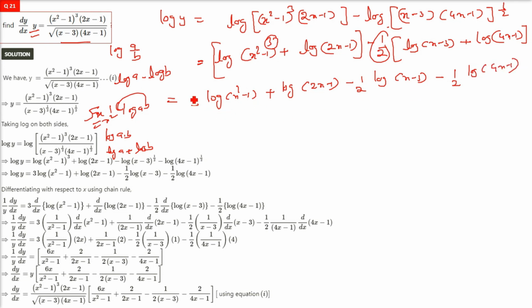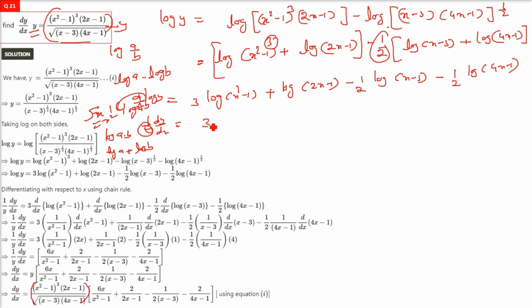Okay, this is just the log. We have not differentiated. Now we'll differentiate. So 1 by y dy by dx will be equal to this, and this y will go to the right hand side. I'm not going to write it now, but you have to write this y when the answer is formed. This is the final term.